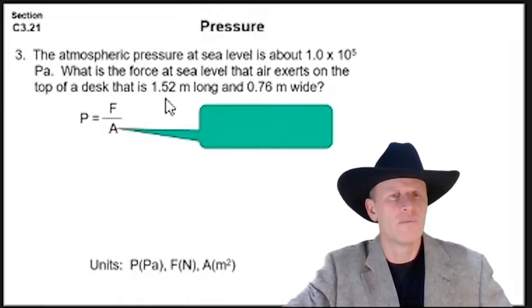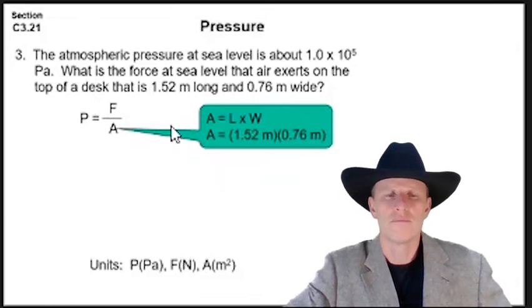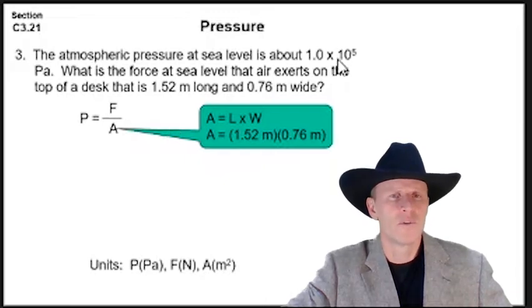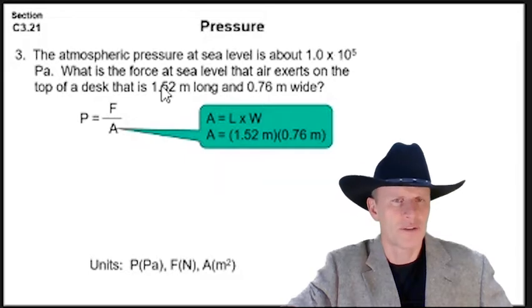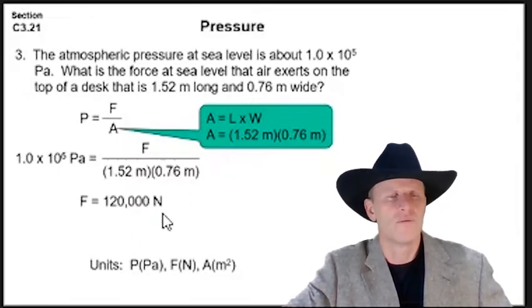The area would be length times width, assuming the desk is a rectangle. And this number up here is not your force. This is the atmospheric pressure, and it goes in for the P. So we have 100,000 times the product of the length and width, which gives us 120,000 newtons of force.